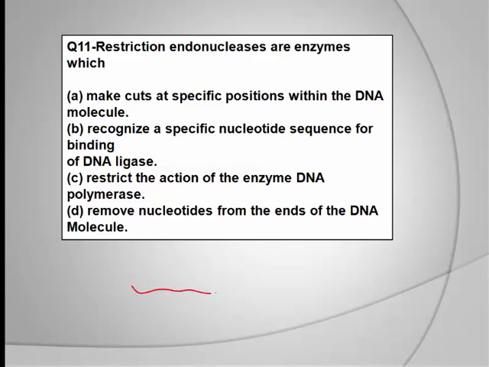If this is the double-stranded DNA, the only option to cut the DNA is by treating with REN. REN recognizes the DNA and cuts it at a specific position within the DNA. So the right answer for this question is option A.